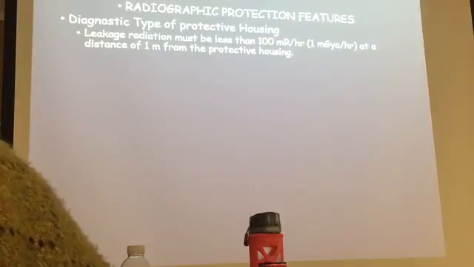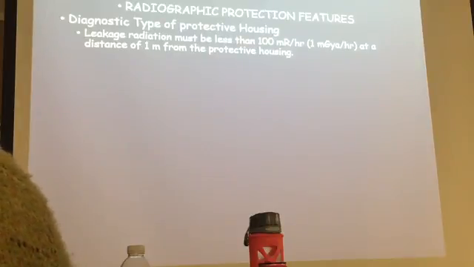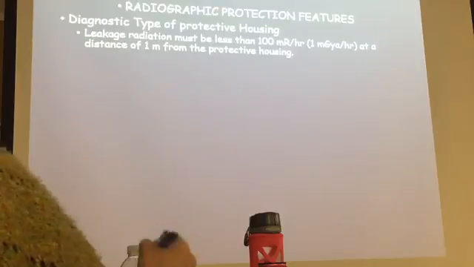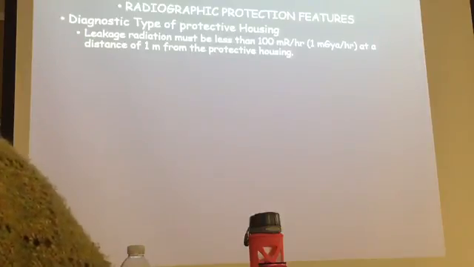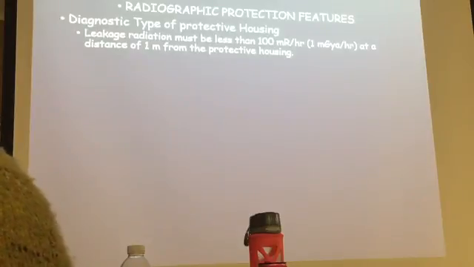Especially in the operating room, you will notice that sometimes the orthopedic surgeons, especially when you're doing laterals or different things with the C-arm, will rest their elbows on the X-ray tube while the tube is being energized. You don't want to do that, okay? Because there is leakage radiation. It's not much, but there is leakage radiation. Besides, you're not at 1 meter. You're right next to it.